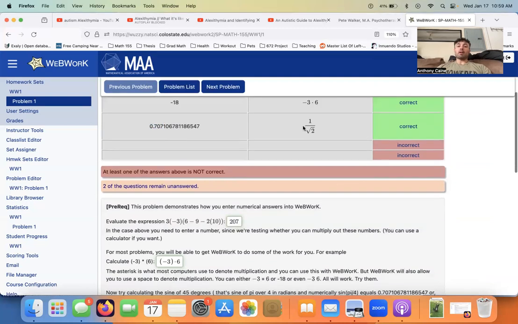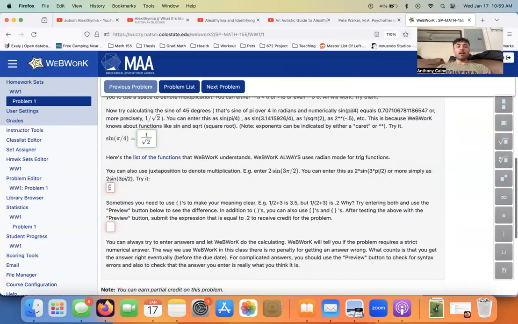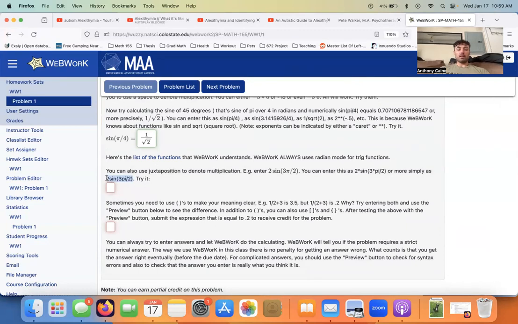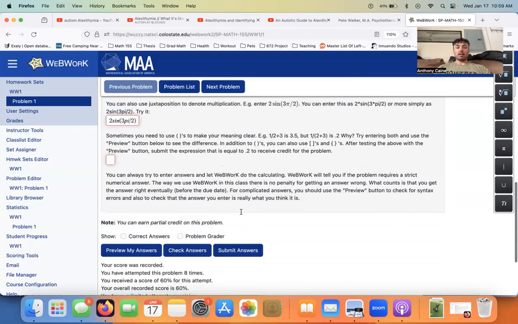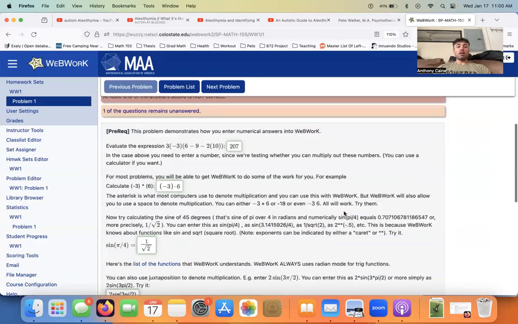They can make it where you have to enter the exact expression. Other than that, it's just getting used to typesetting. WebWork understands that when 2 things are next to one another, it's multiplication. So you can enter this, and it understands what you're trying to say.